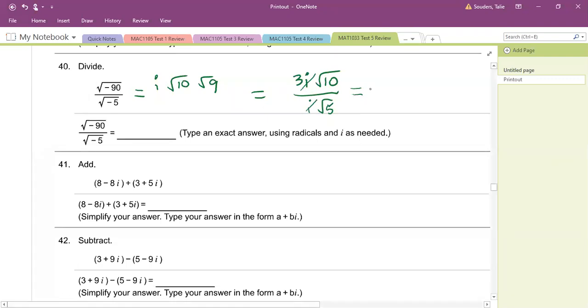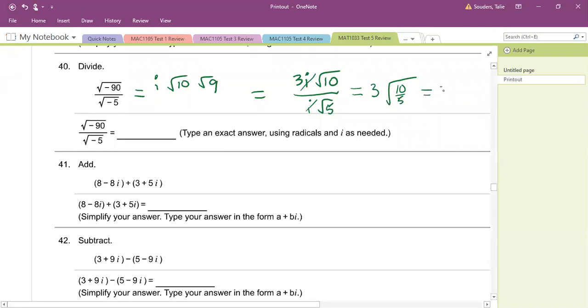So technically what you're doing, you know how we normally take a fraction and then we split it up into 2 different radicals? Here, you're actually kind of doing the opposite. You're probably not writing this out, but you're combining the 2 radicals back into one in your head without realizing it. But then 10 over 5 is actually what? 2.